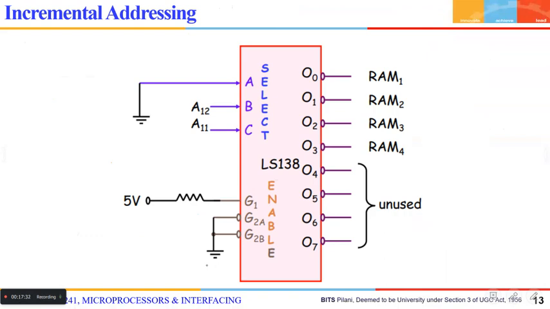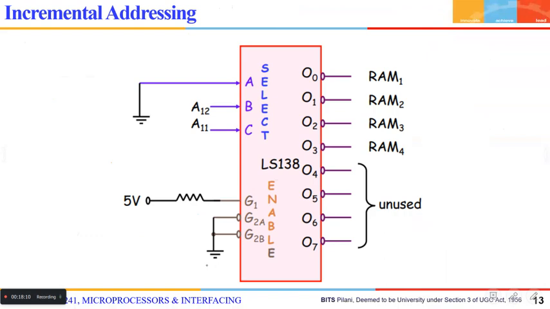So the difference between absolute addressing and incremental addressing is, in absolute addressing, we make use of the entire address directly from the microprocessor as an input to the decoder logic, which we did earlier. Now, in incremental addressing, since all the addresses are zero for the entire address range, there's no change happening. And you know that A13, which you have given as an input, is permanently zero for the entire range.